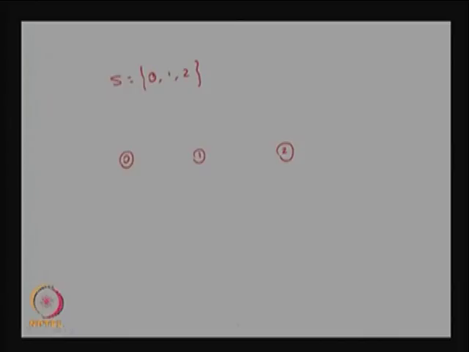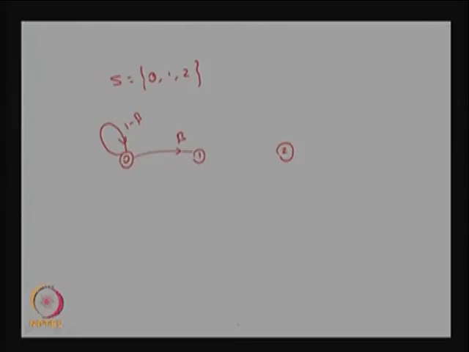Therefore, 0 to 0 is 1 minus beta, 0 to 1 is beta, and there is no arc from 0 to 2.